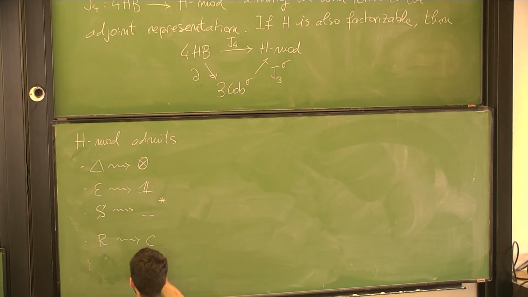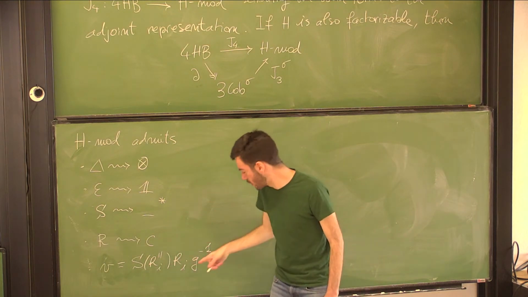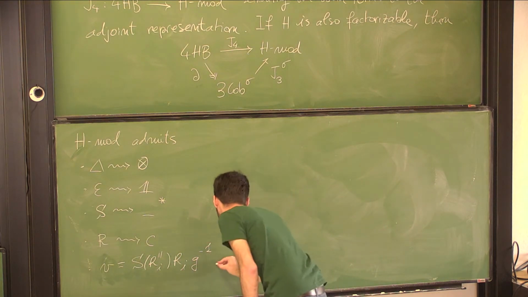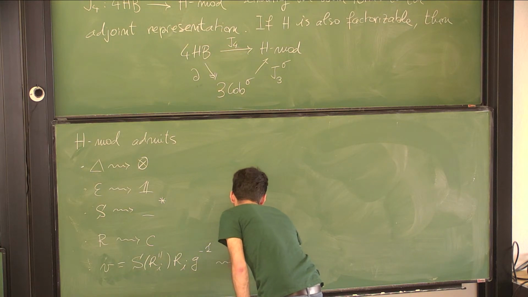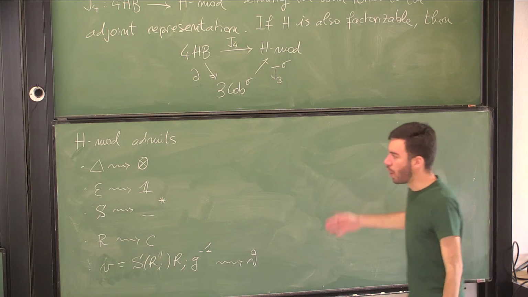Because I was writing that the pivotal element gives you the twist, let me be more precise. There is a ribbon element. Since you asked, it means you know the guy. If you consider this element, which is defined starting from the R matrix and the pivotal element, this is the ribbon element, and this allows you to define a twist in the category of representations. So a lot of structure.